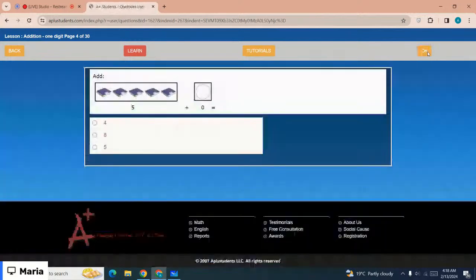The next one is add 5 plus 0. 5 plus 0 is 5, right? When you add 0, the number stays the same.